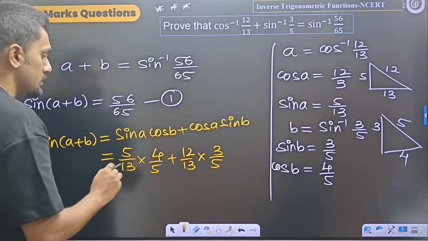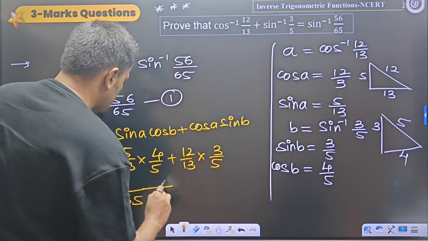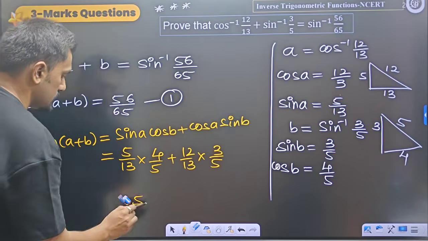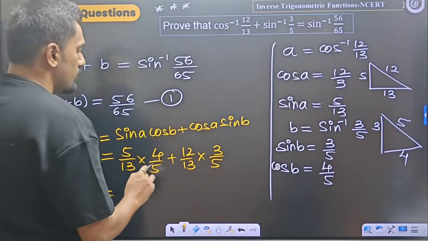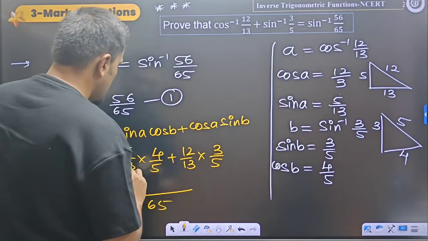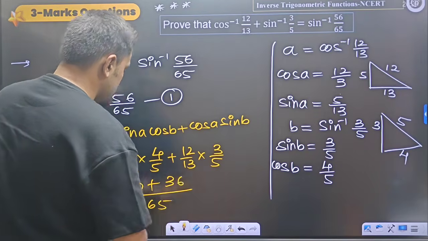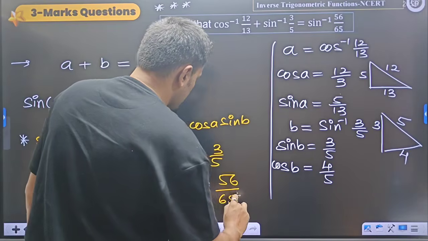13 5s are 65. 65 becomes the LCM. 5 4s are 20 plus 12 3s are 36, and this becomes 56 divided by 65.